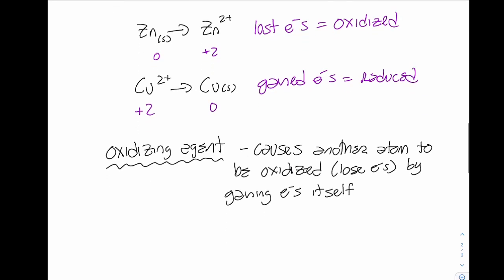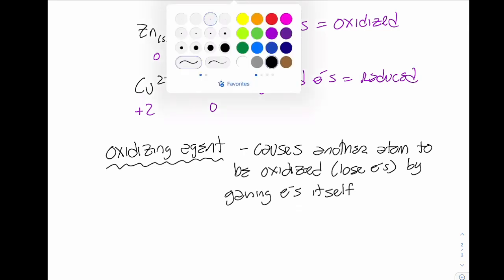So my oxidizing agent is actually gaining electrons. It's being reduced. And because it's gaining them, it's making another atom lose them. So it's causing something else to be oxidized by taking electrons itself. So the oxidizing agent is the reagent that contains the atom that is being reduced.